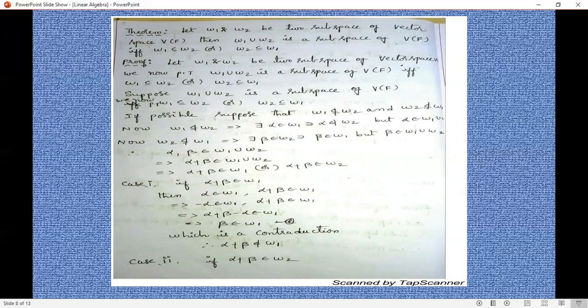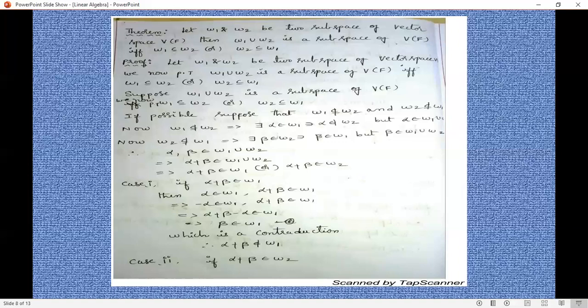Okay, we are coming to case 1. What is it? If alpha plus beta belongs to W1. We have already taken alpha belongs to W1, and in this case alpha plus beta belongs to W1. Alpha belongs to W1 implies, since W1 itself is a vector space, minus alpha belongs to W1, and alpha plus beta belongs to W1.